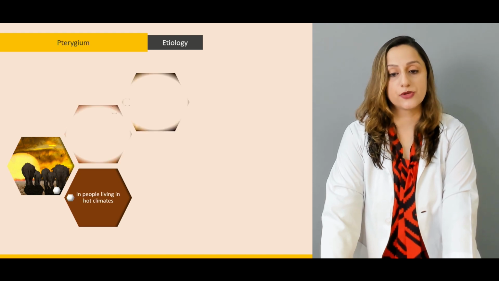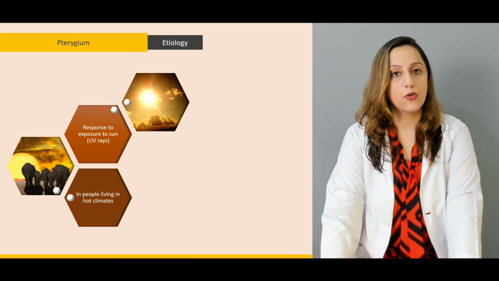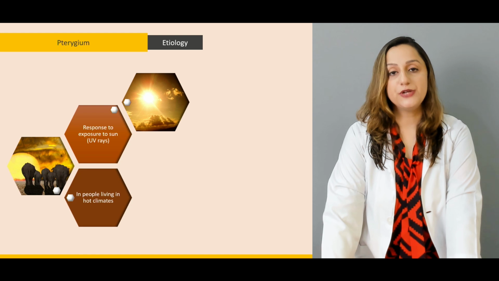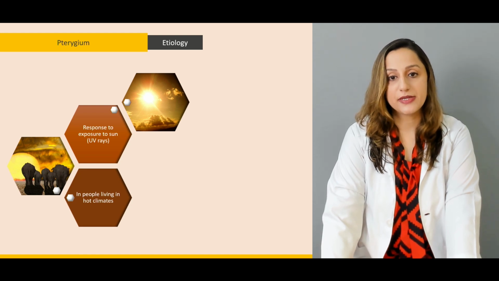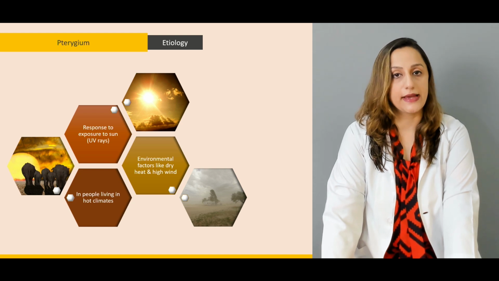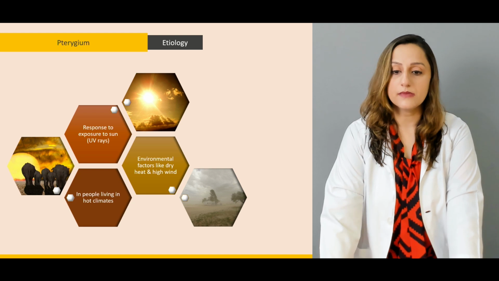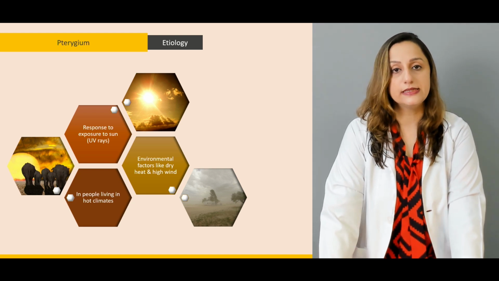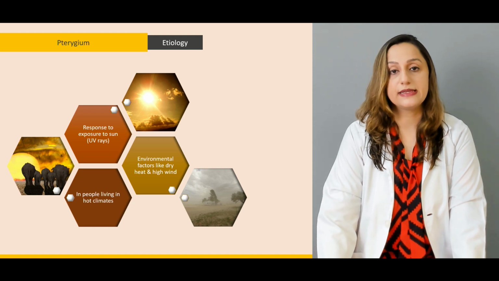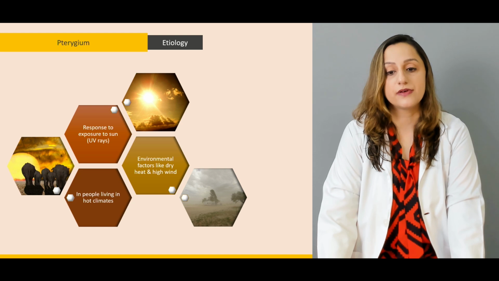Exposure to the sun or the ultraviolet rays is again one of the predisposing factors for the development of this pterygium, or this vascular or avascular triangular fold on the bulbar part of the conjunctiva. Obviously, as we've already studied, these irritative changes are going to affect the bulbar rather than the palpebral part of the conjunctiva, or the tarsal portion of the conjunctiva.